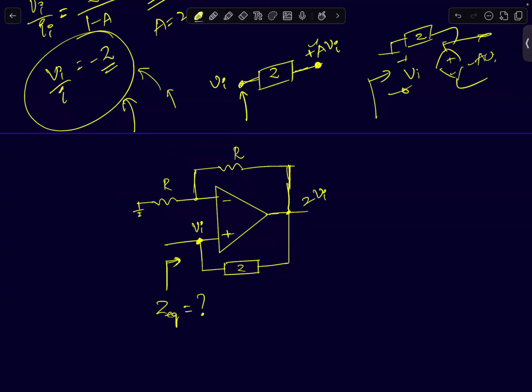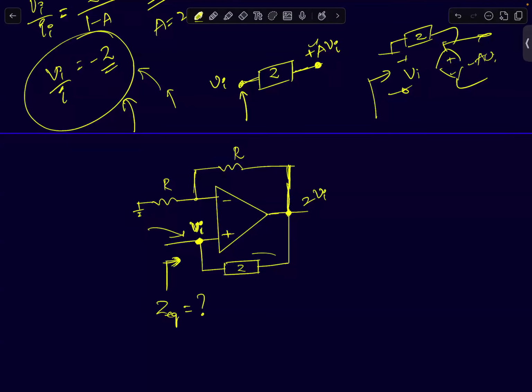Remember, I'm driving this node with a finite input voltage, with a voltage source, so I'm forcing the node voltage at this point. I'll talk about why I'm using that word in a few moments, but right now, let's ignore what I said and we'll come back to that.